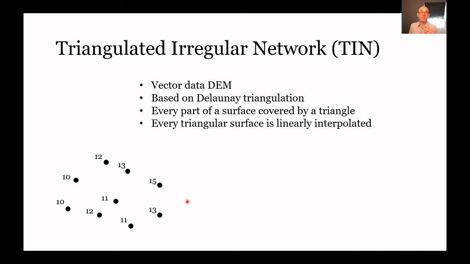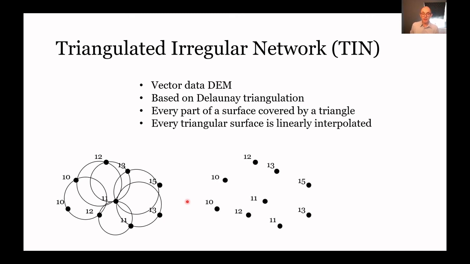But the only information we need to store are essentially the node points and the connections between them. So we do a Delaunay triangulation and then create this TIN. And then here, we have information on these points, and we say that these were the points that are connected. And if we want to find out what the value of the elevation there, or whatever this is representing, then we can do a linear interpolation based on all of these three lines, and we get a new value there.